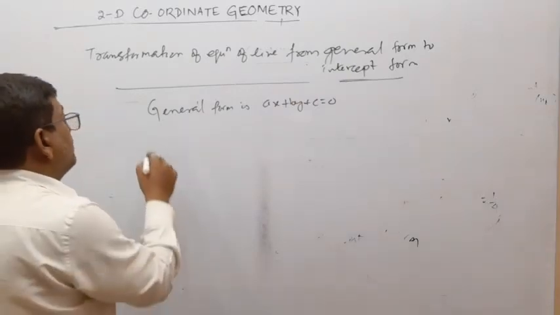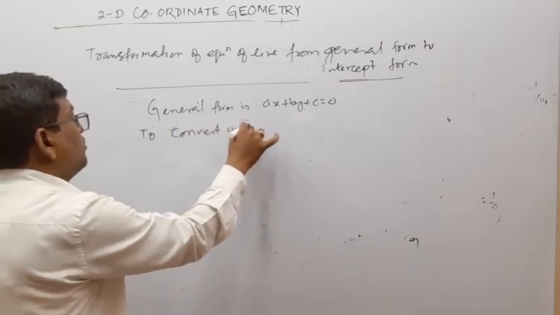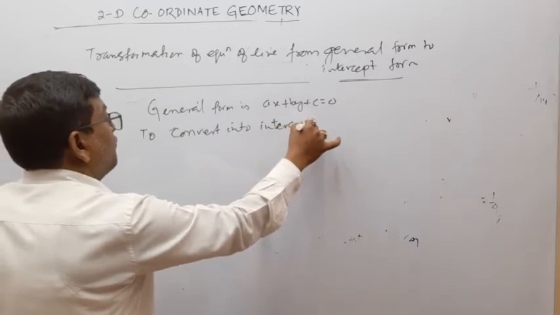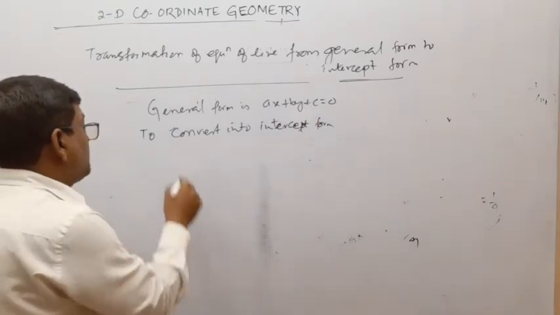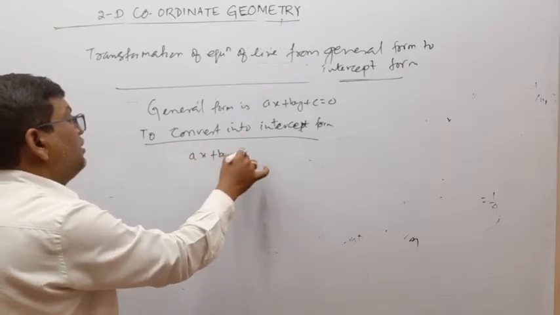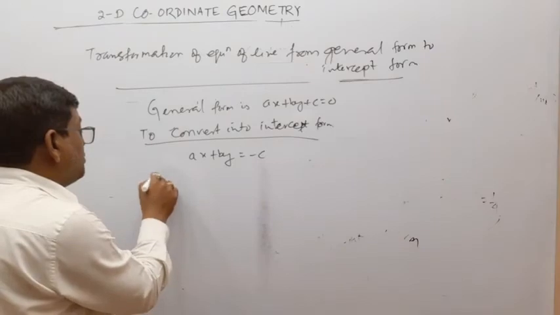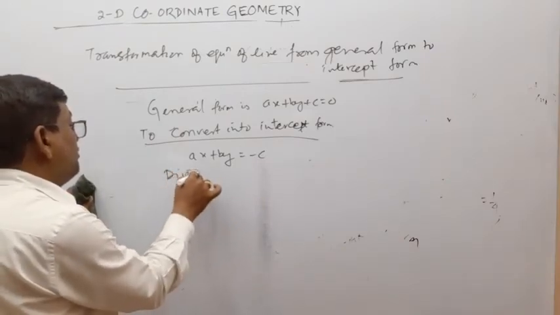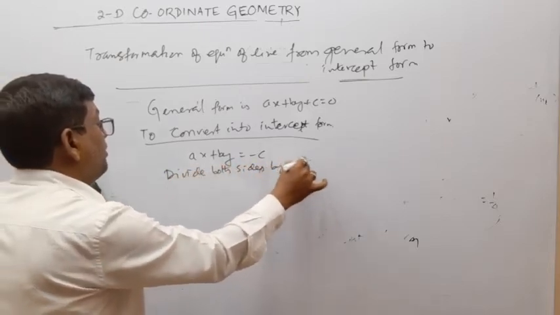Now to convert into intercept form, first take the constant to the right side. So ax plus by is equal to minus c, and divide both sides by minus c.